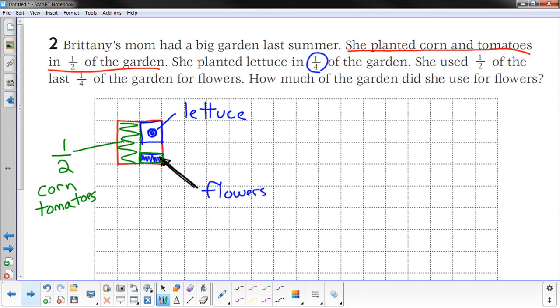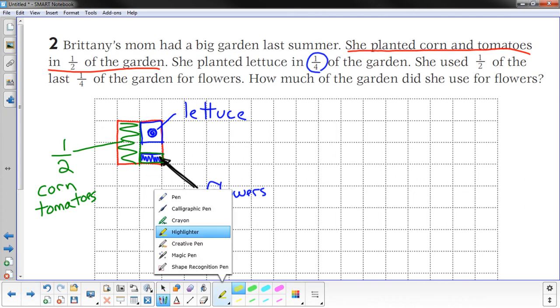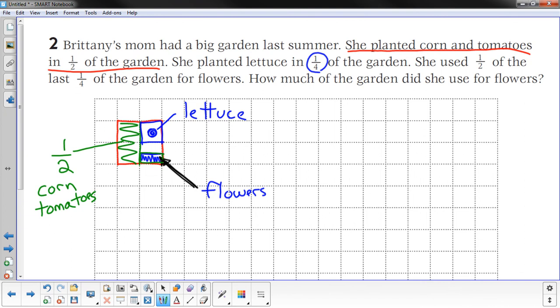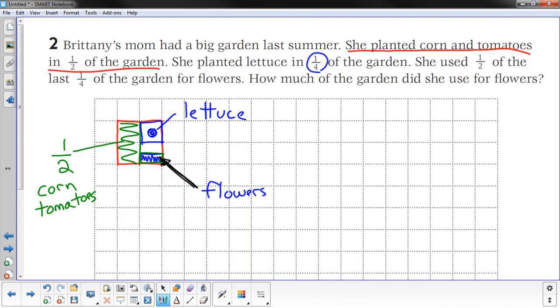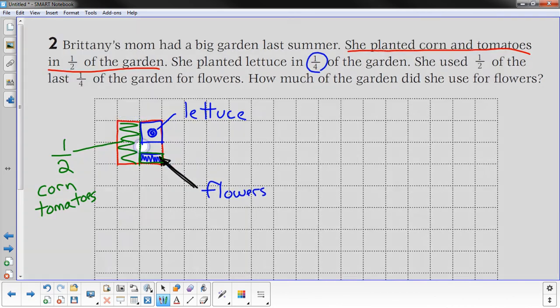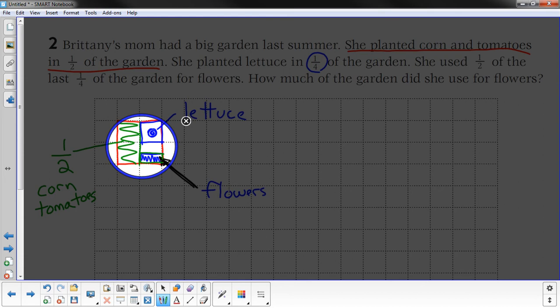Well, this little piece is half of the fourth, so it's 1/8 of, see if I can find my magic pen. It's going to be 1/8 of this area right there. So of the whole thing, it's going to be 1/16, I believe.